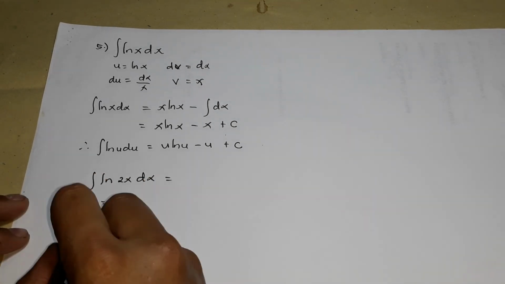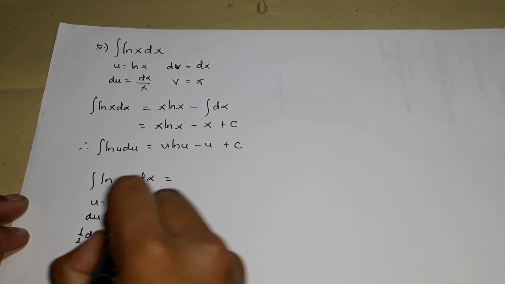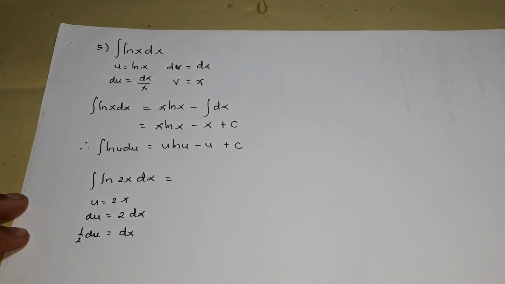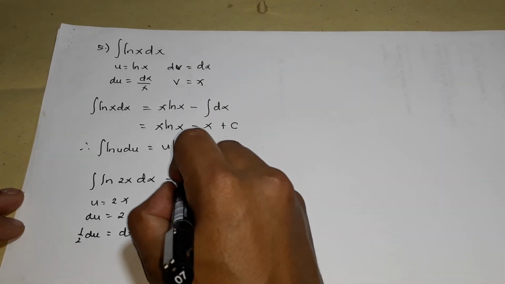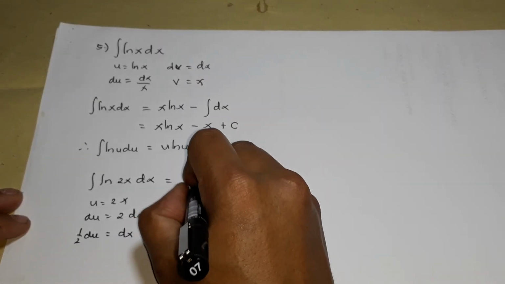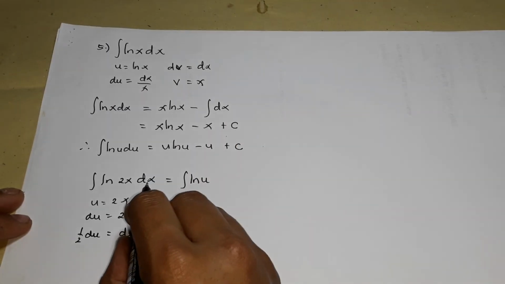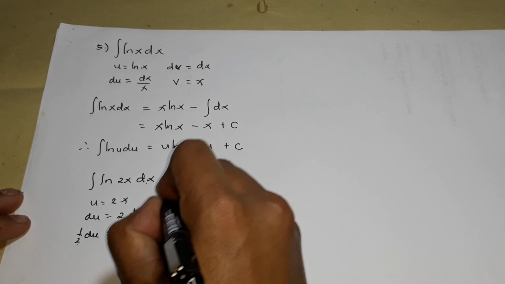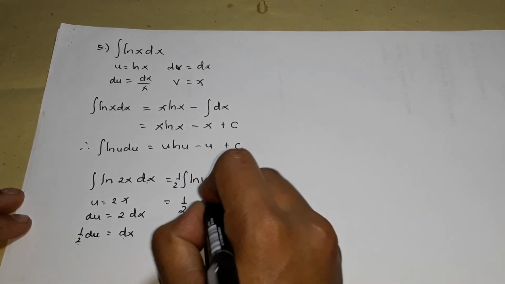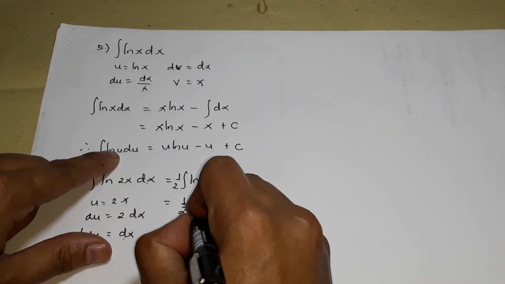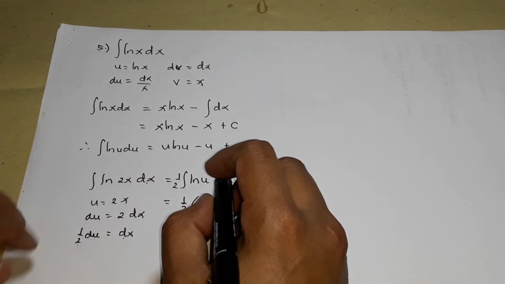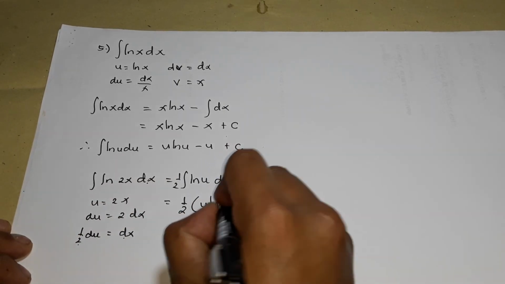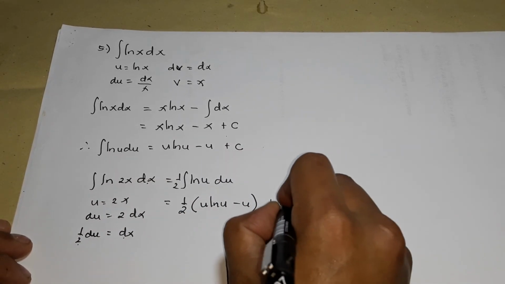So we have 1/2 du is equal to dx. So by change of variable, you can now have the integral of ln u, then dx. dx is 1/2 du, so 1/2 times the integral of ln u is u ln u minus u. Then you can now add c.